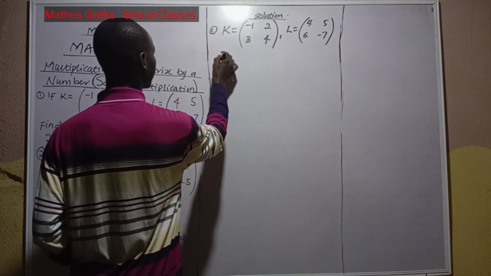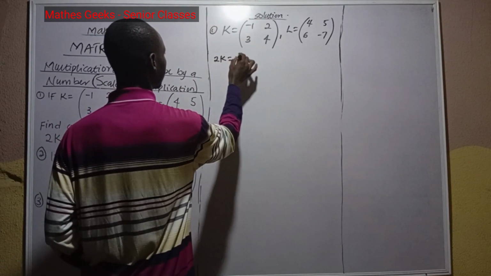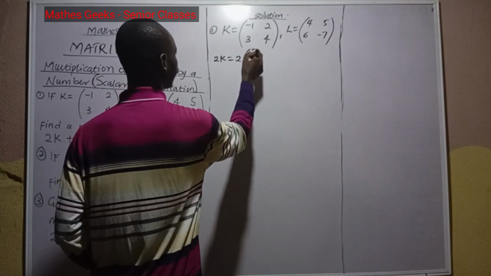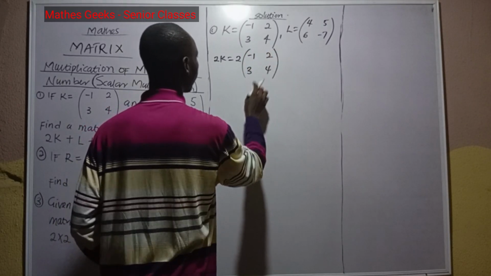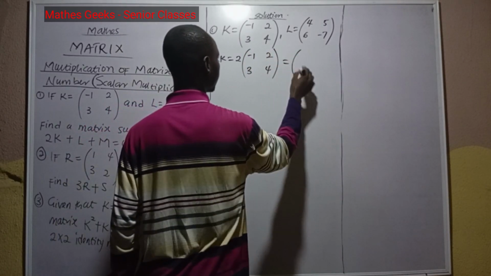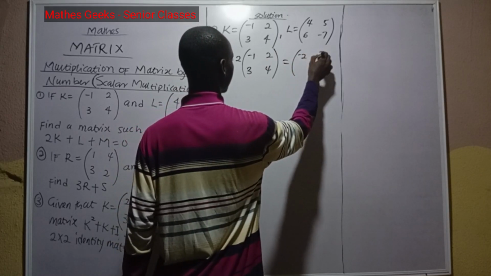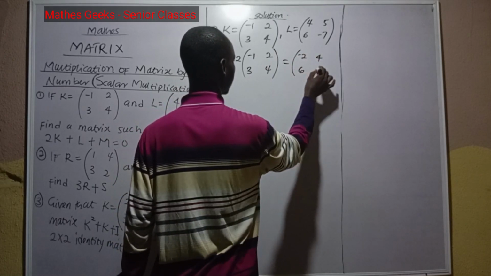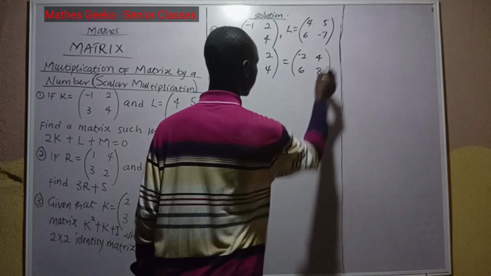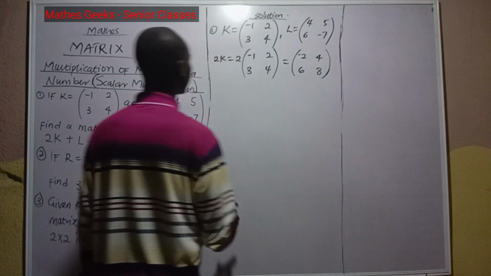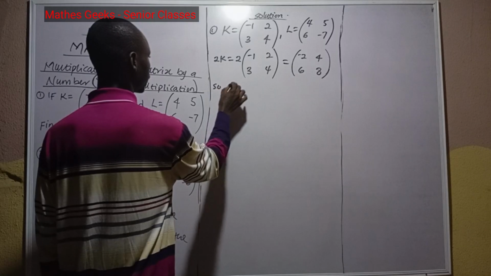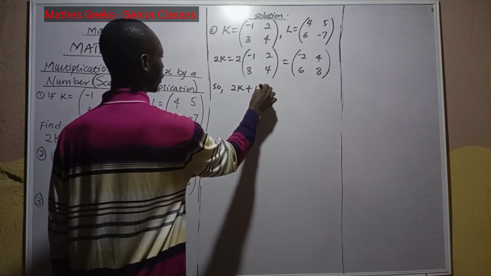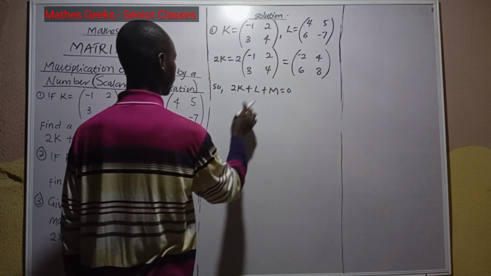So let's get 2K, which is 2 times minus 1, 0, 2, 4. This is equal to minus 2, 0, 4, 8. So 2K plus L plus N is equal to 0.